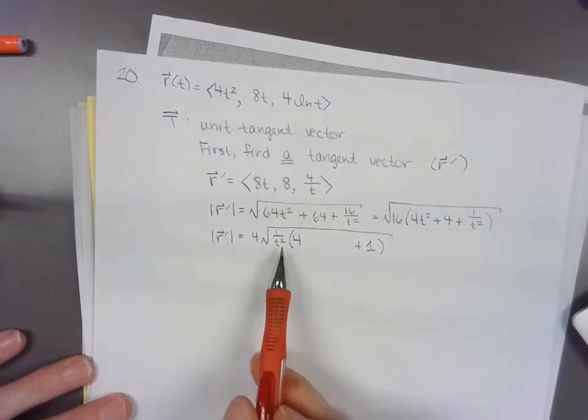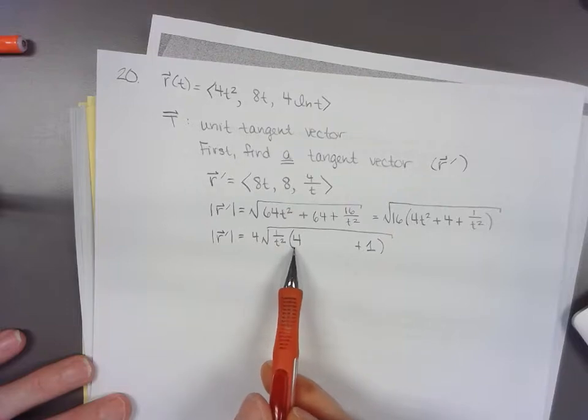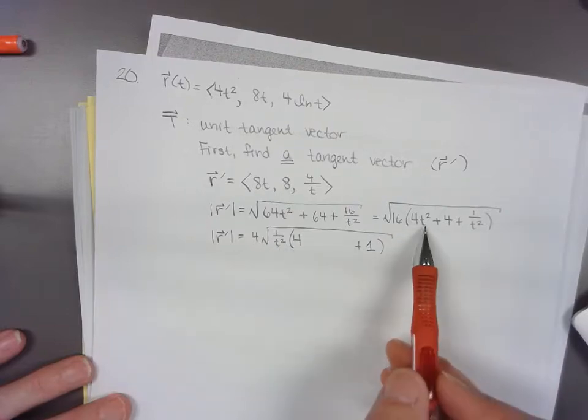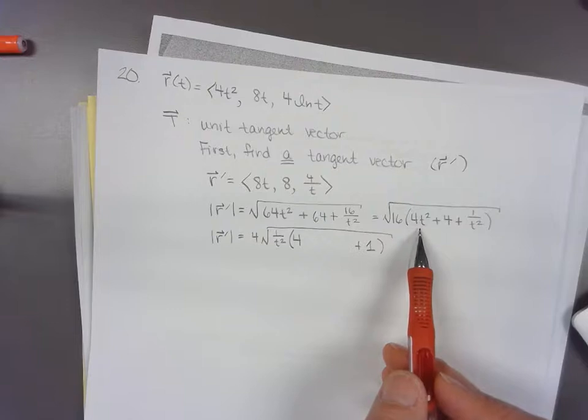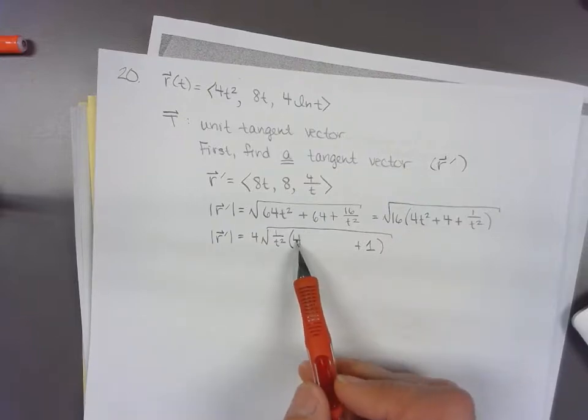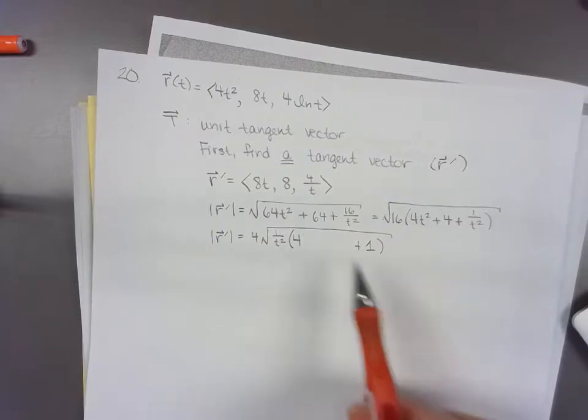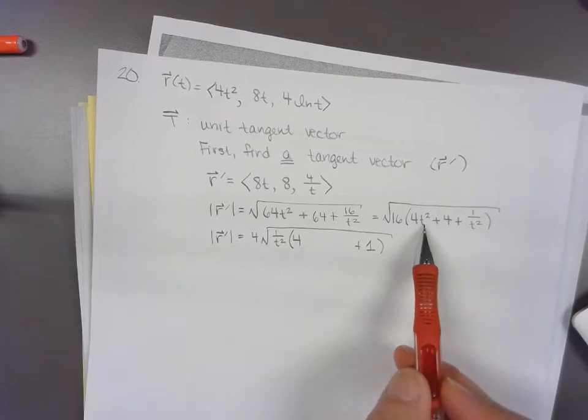Well, no, because if I distribute back through, I'd get 4 over t squared, and I want it to be 4 times t squared. So what would have to go here so that if I multiply back through, I get 4t squared? T to the 4th.